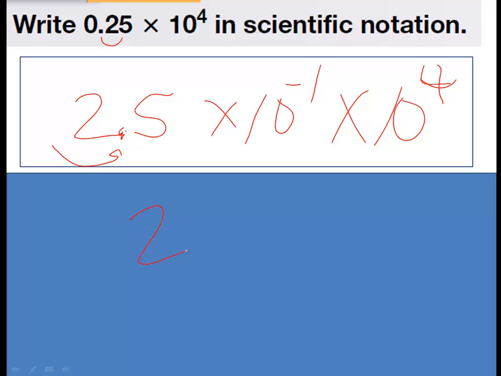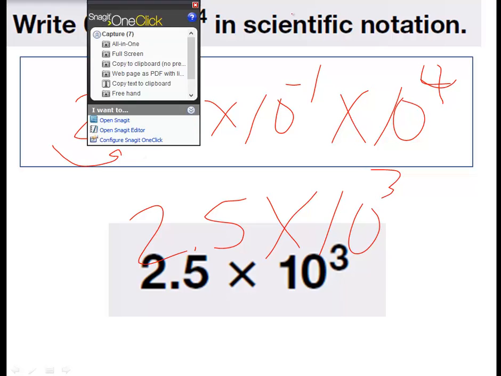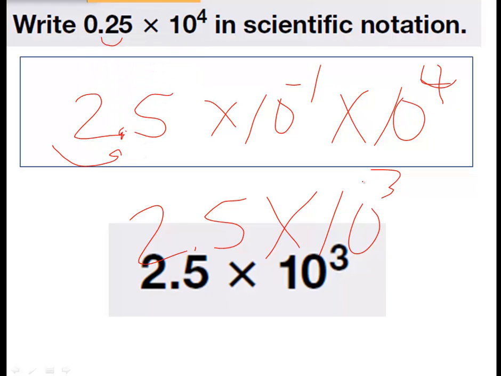We end up with 2.5 times 10 to the 3, because 4 minus 1 is 3. All right, that's one way, and that's the only way when you already have a decimal that's present. Okay, so let's do another one.